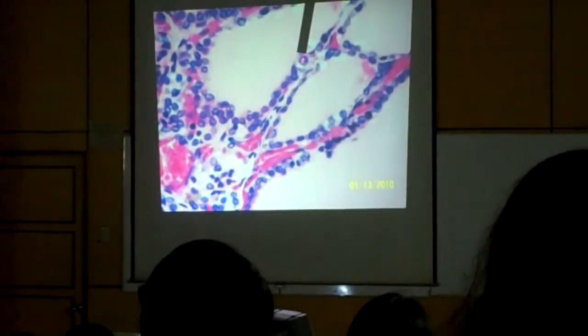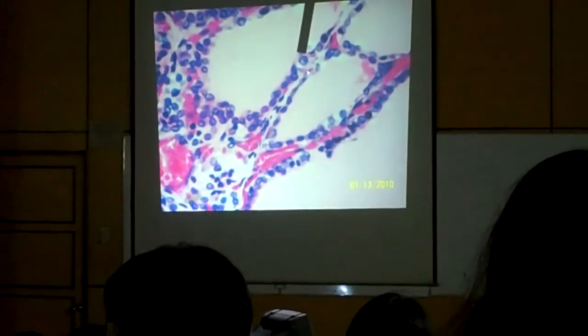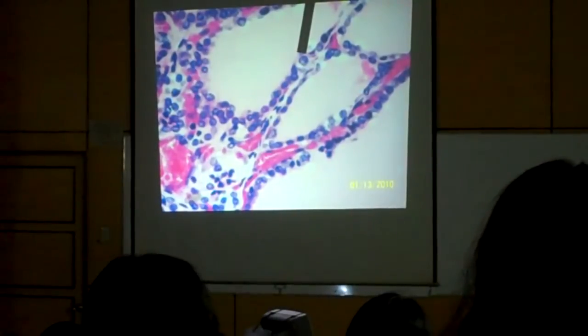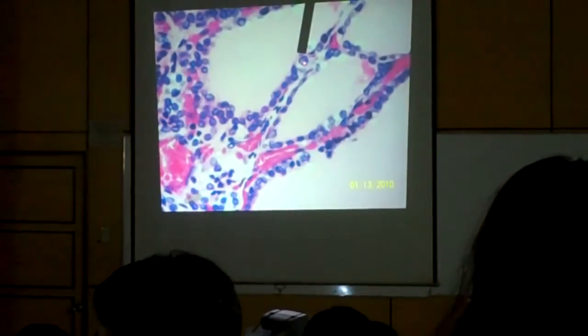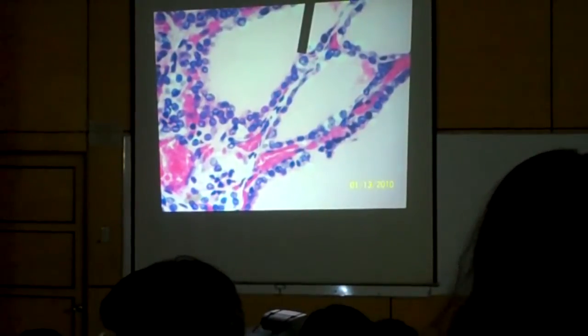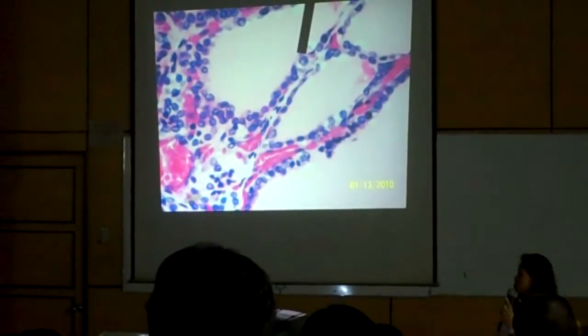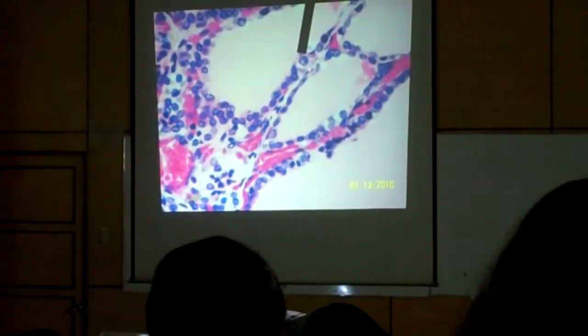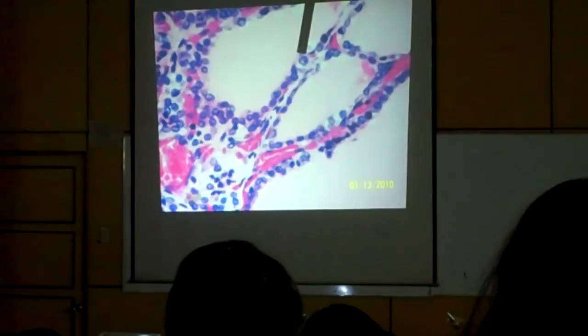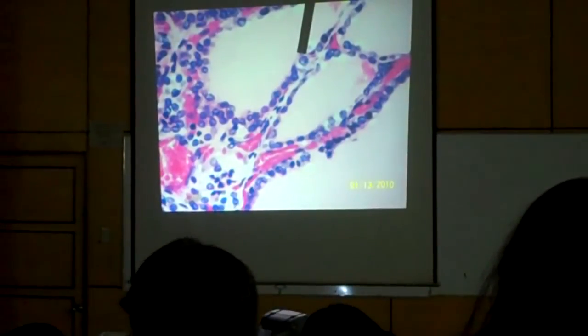Okay, identify the pointed cell. Parafollicular or C cell. Okay, the parafollicular cell is larger, it has more cytoplasm, but it stains paler than the cuboidal cells. And it also secretes a hormone.